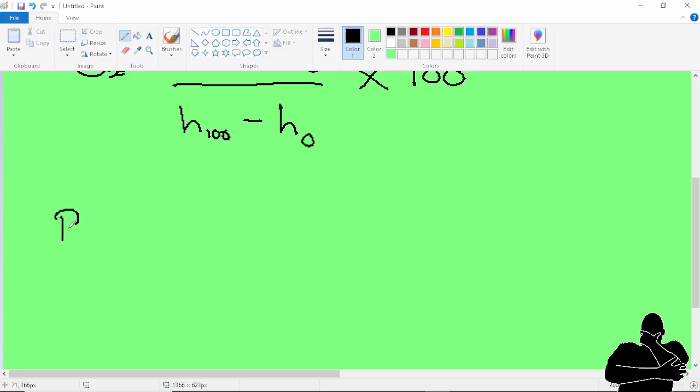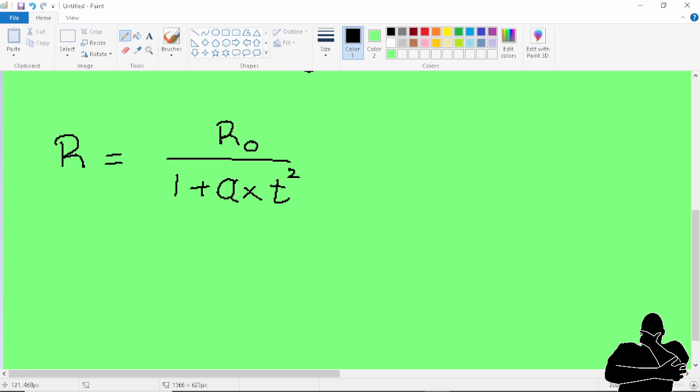R was equal to R0, which is the resistance at 0 degrees Celsius, divided by 1 plus alpha times T squared. So all we have to do is just plug in the values and then solve for R. And remember, R0 is going to be a part of the answer. So we rewrite our R0 and then we plug in the values.